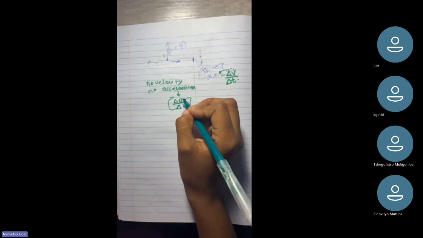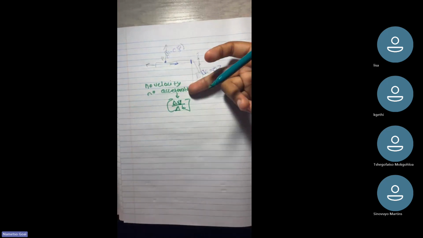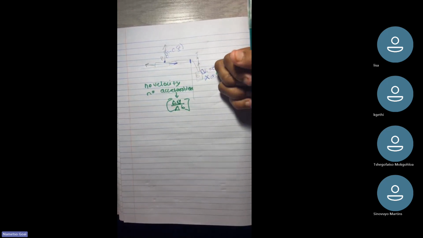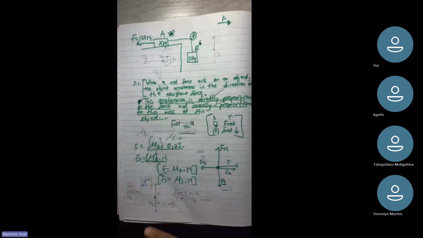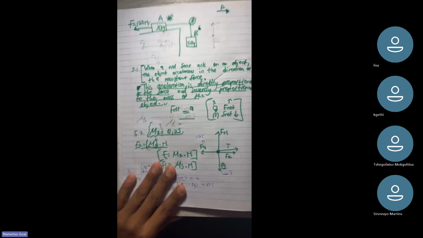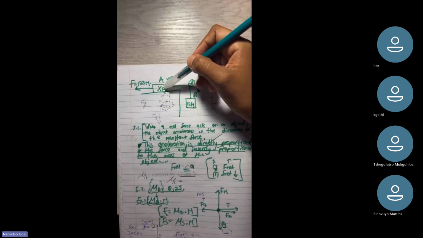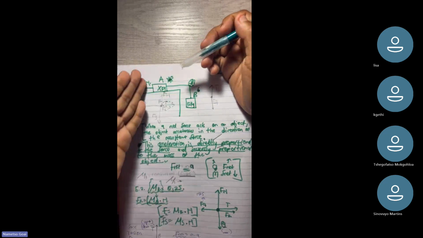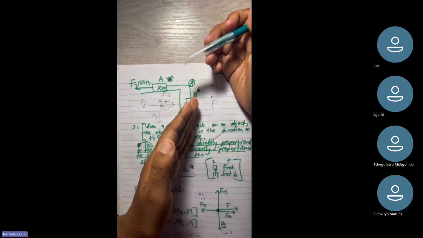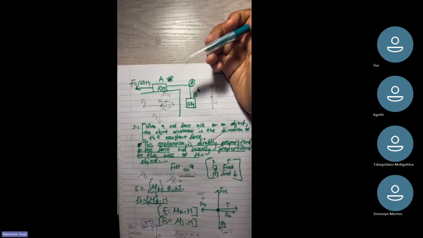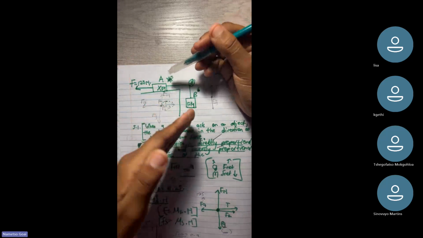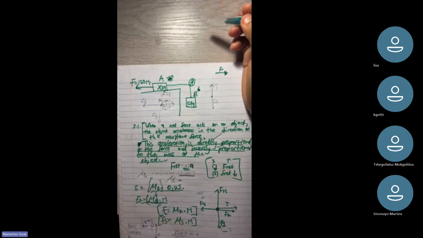So if we don't have velocity, we don't have acceleration, right? Which is literally what's happening in this question, because they're telling us that block A is at rest, which means initially there is no velocity in the system. And if there's no velocity, there's no acceleration.